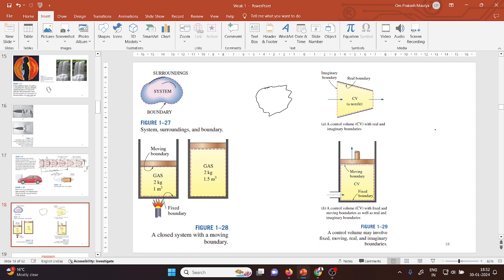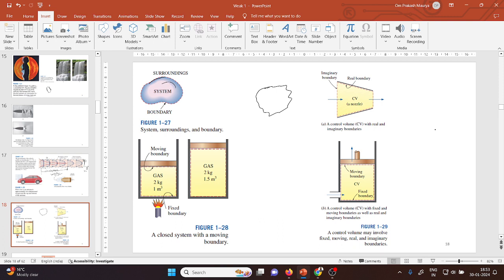Or you can say a control volume with a real and an imaginary boundary. This is the imaginary and your real boundary is this, so this is the control volume. Always remember, some volume in space is the control volume.